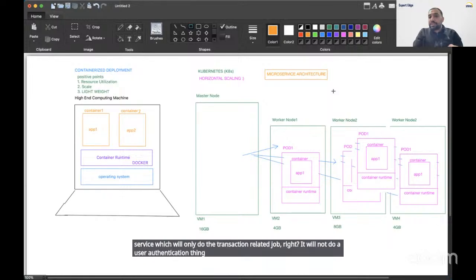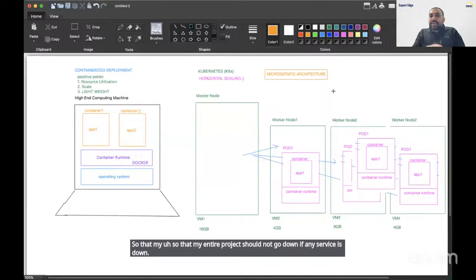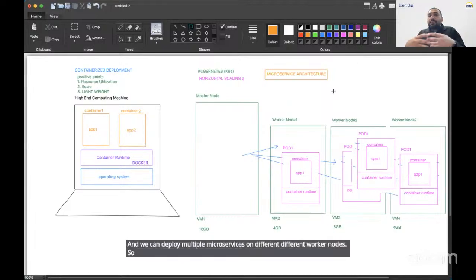The user authentication service can be another microservice. So we divide the project into a microservice architecture, typically the backends, so that my entire project does not go down if any one service is down. And we can deploy multiple microservices on different worker nodes. So there will be multiple instances of the microservices available, and your solution will pretty much handle the scale.